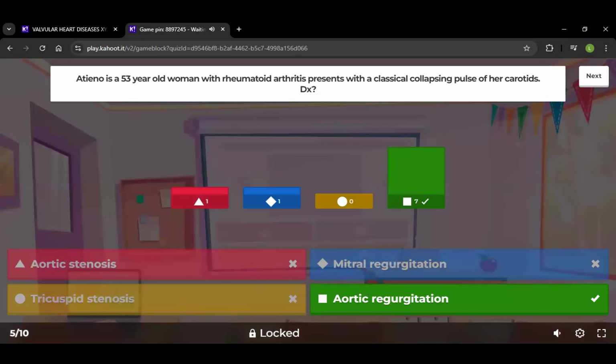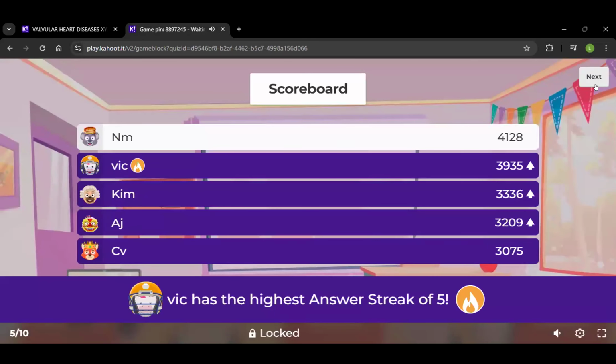Okay, so the answer is aortic regurgitation. Atenu is a 53-year-old woman with rheumatoid arthritis and has collapsing pulse of her carotids. She has aortic regurgitation. We have NM still leading, followed by Vic, and then Kim, and Vic has the highest answer streak. That's good. So next question.